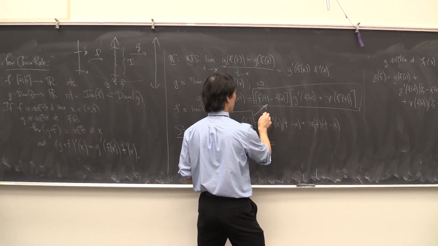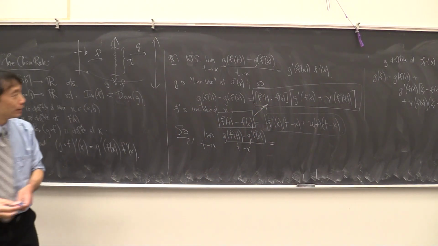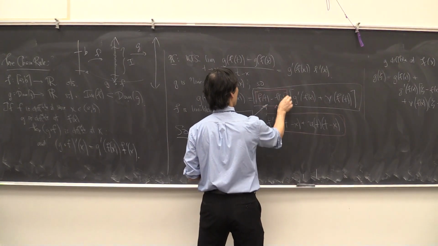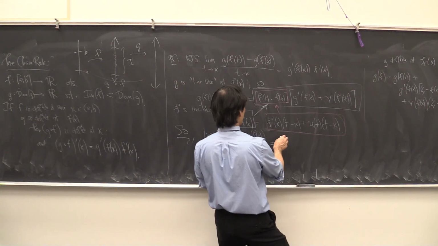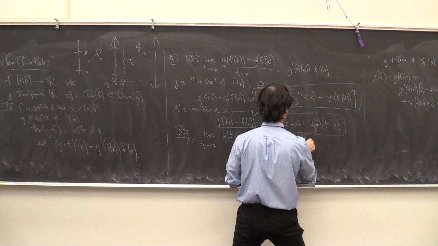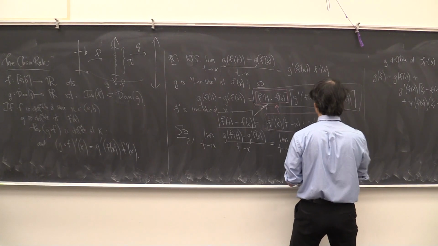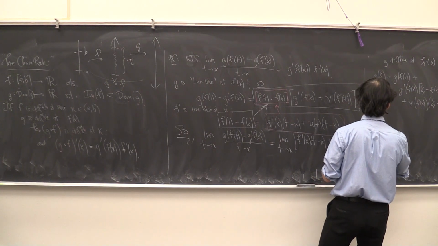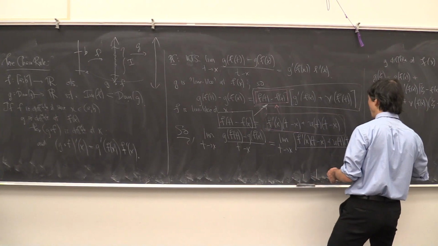So what do we get? We get the limit as t goes to x of f prime x times t minus x plus u of t times t minus x, times g prime f of x plus v f of t, everything divided by t minus x.